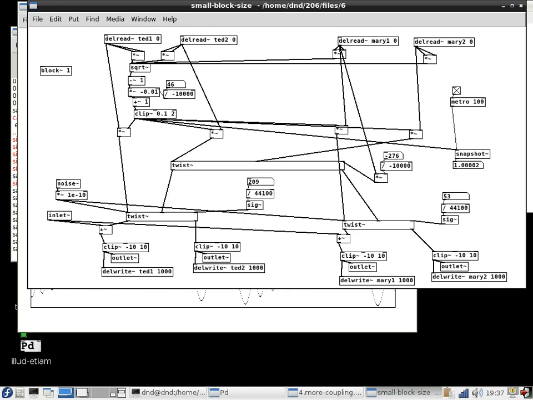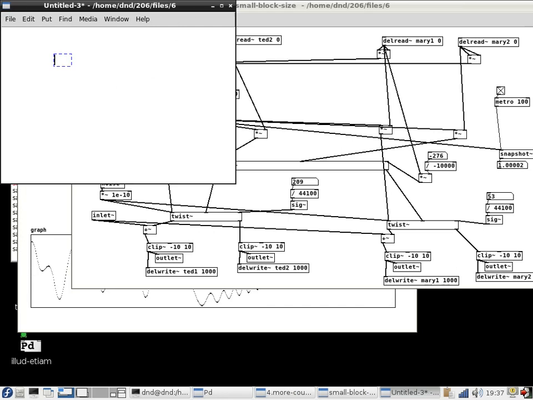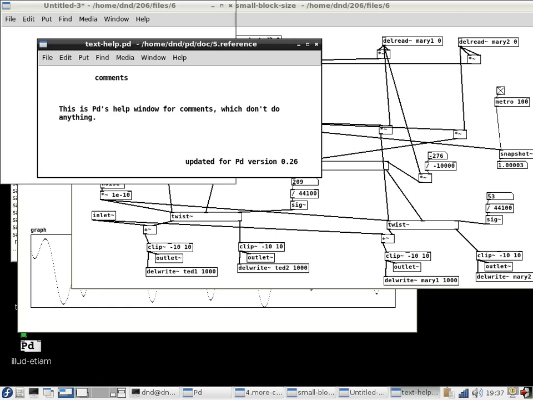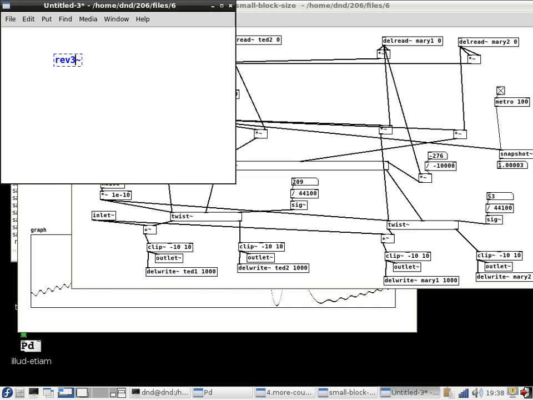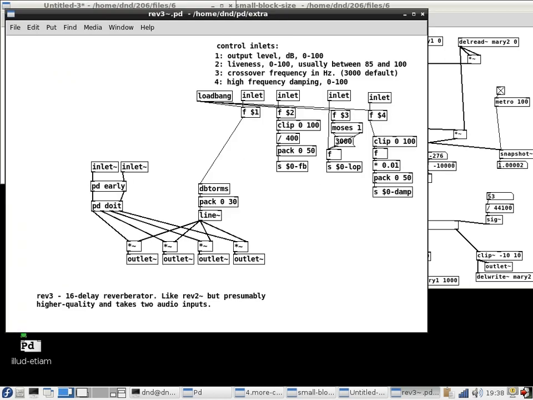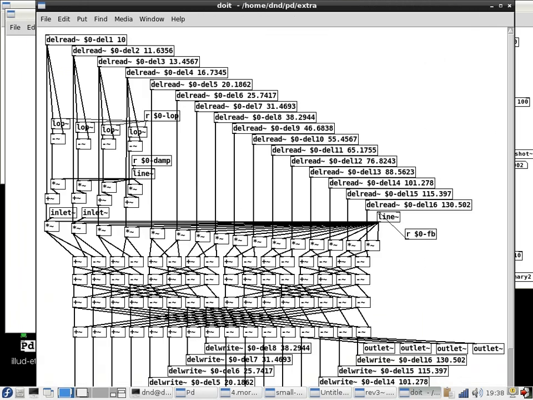Another way to think about it, or another way to maybe get ideas, is you look at this puppy. Here's a reverberator. I don't want help, I just want to look at it. Oh, it's Rev 3. Sorry. There we go. Here's a nice thing which I'm not going to try to explain completely, but it's just a bunch of delay reads and a bunch of delay writes and a bunch of mixtures.